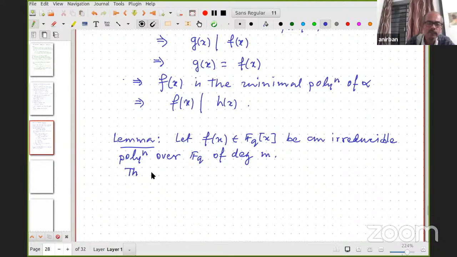Then f(x) divides x to the q to the n minus x if and only if m divides n.